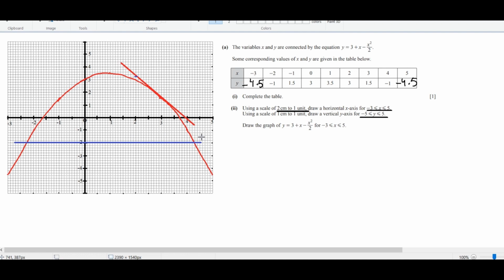And for the solutions, we need to see where this line, the blue line, cuts the curve.